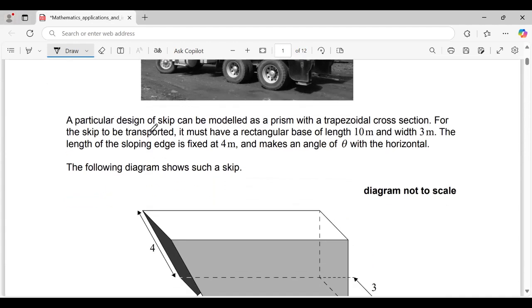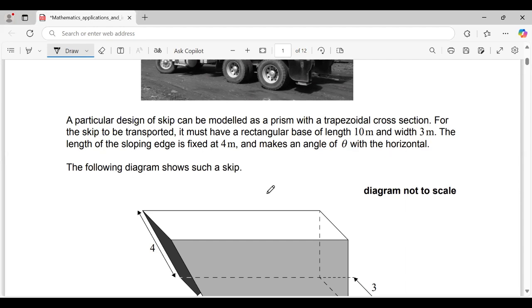A particular design of skip can be modeled as a prism with a trapezoidal cross-section for the skip to be transported. It must have a rectangular base of length 10 meters and width 3 meters. The length of the sloping edge is fixed at 4 meters and makes an angle of theta with the horizontal.